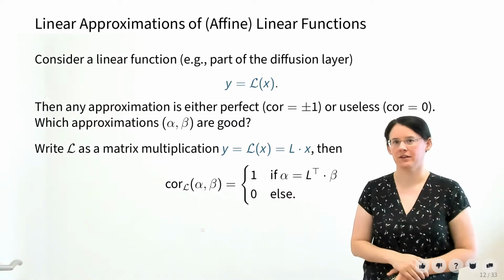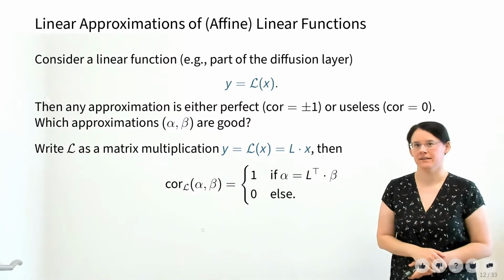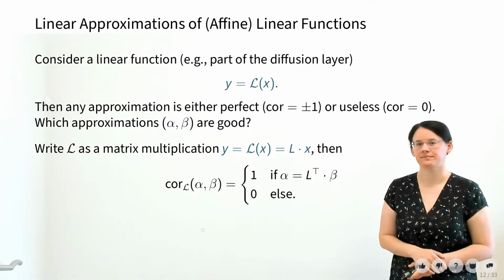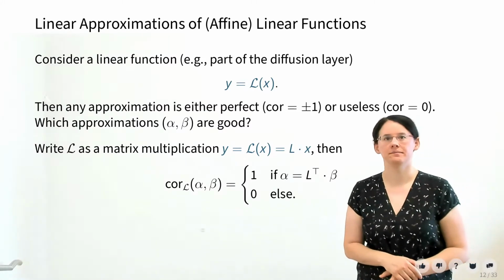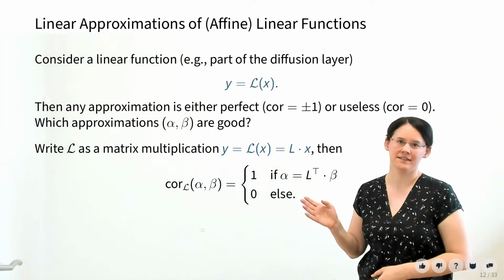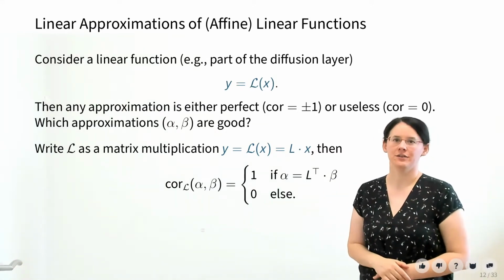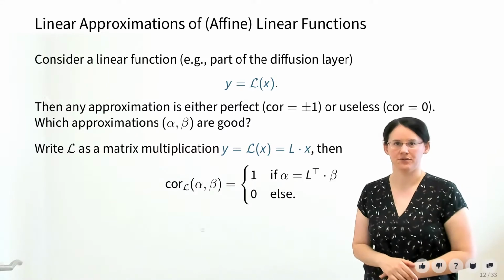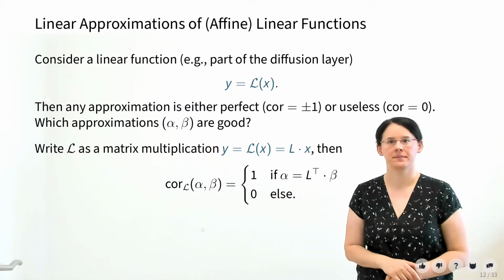Otherwise, this is a bad approximation, and the correlation is 0. If you're not sure why this is the case, it's probably easiest to try it out with a little permutation matrix to see why this makes sense.